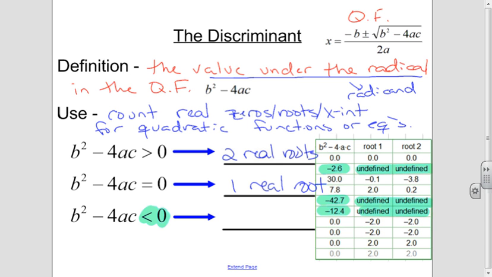You don't get any x-intercepts. You don't get any inputs that make the output 0. So you get 0 real roots, okay? And as an aside, you'll learn this later, but it means you get two imaginary roots, okay?